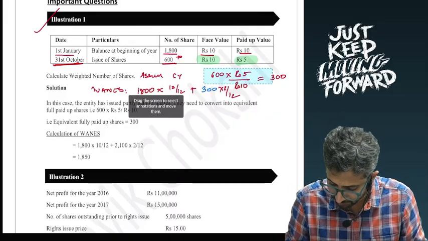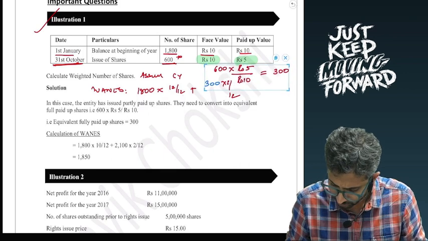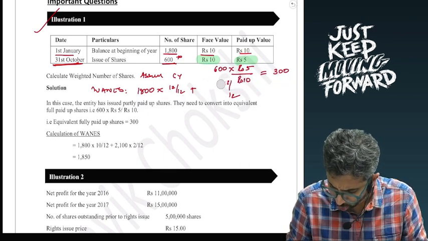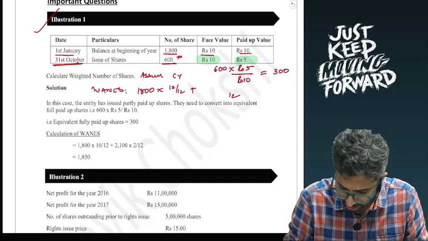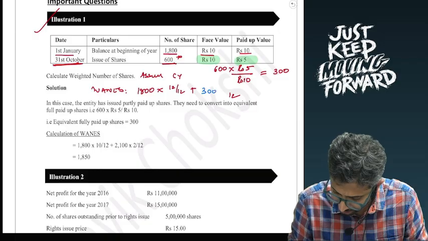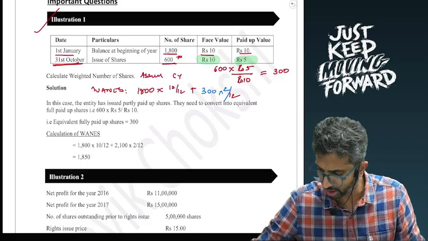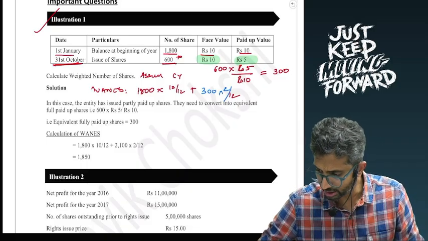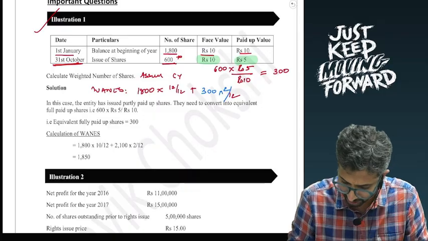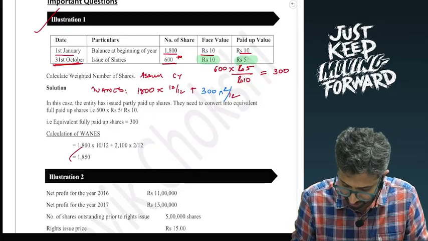So this working would be 300 into 2 by 12, that is 300 divided by 6, plus 1800, and hence 1850 would be my weighted average number of shares.